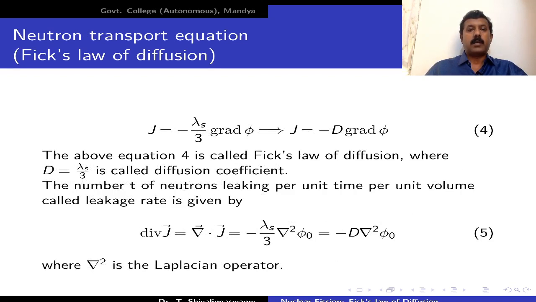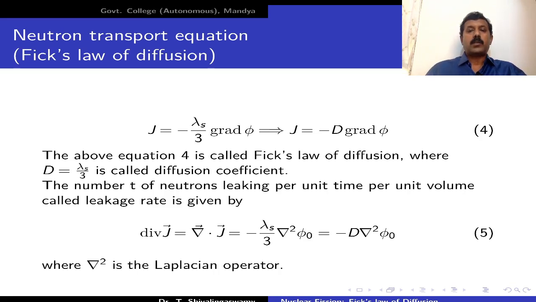Here minus lambda s by 3 is a constant. You can call it the diffusion coefficient or diffusion constant in general, D. That is, J is equal to minus D grad phi.